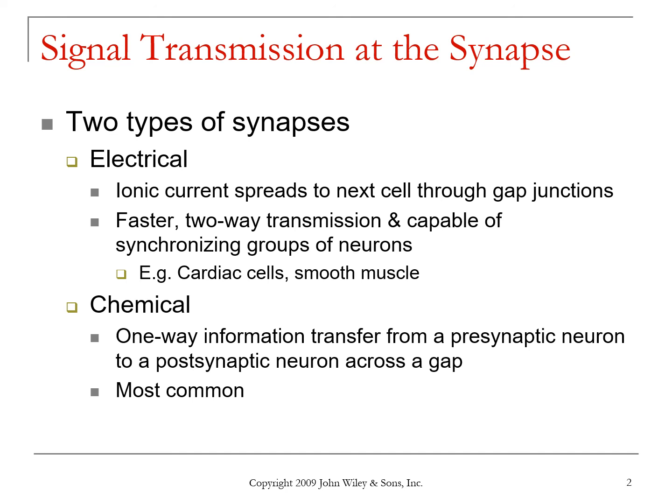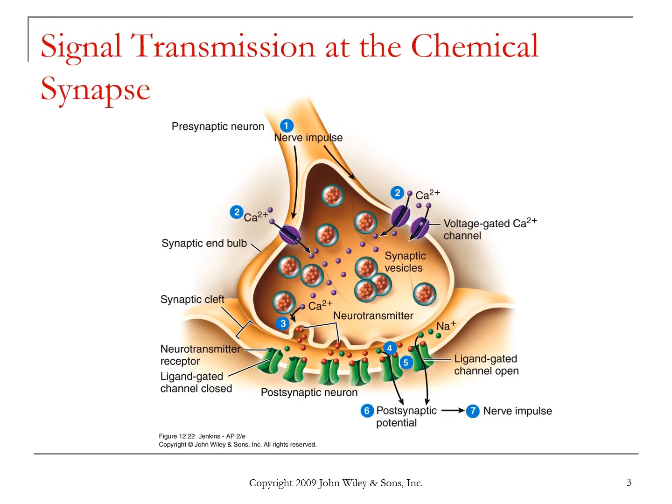And the chemical, which is a neurotransmitter, crosses a gap, which is the synaptic cleft, the space between the axon terminal of the presynaptic neuron and the membrane of the postsynaptic neuron. Most synapses in the body are chemical synapses. This diagram is great at depicting the events that occur at a chemical synapse.